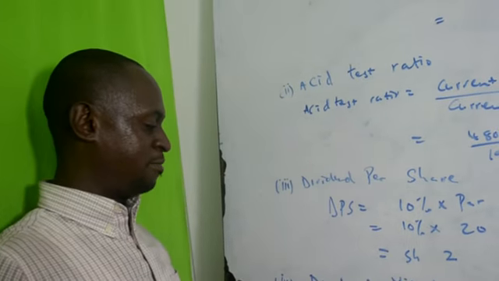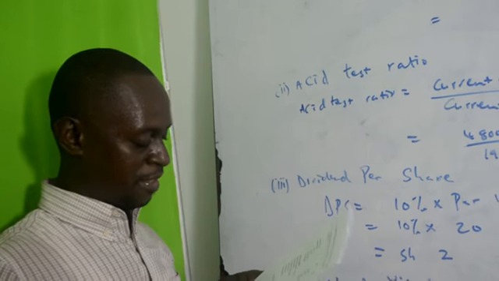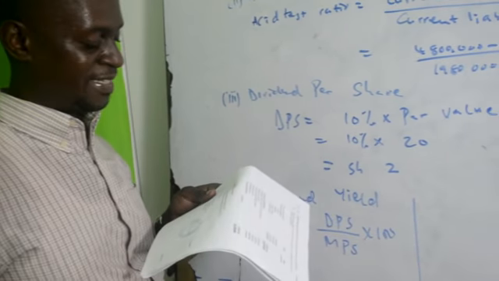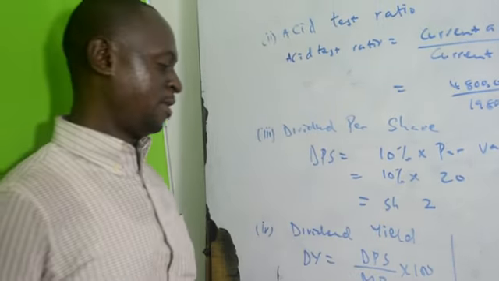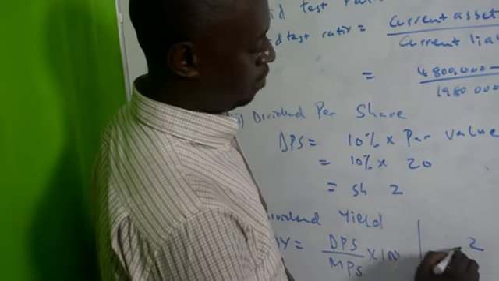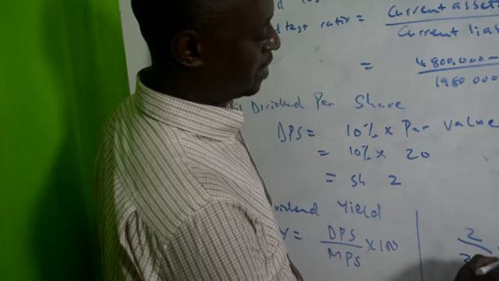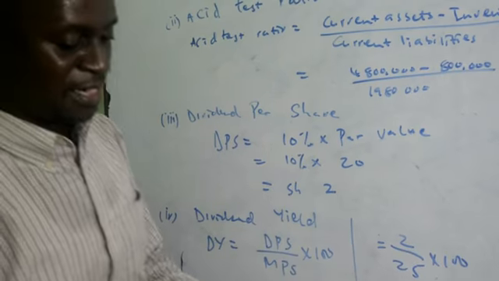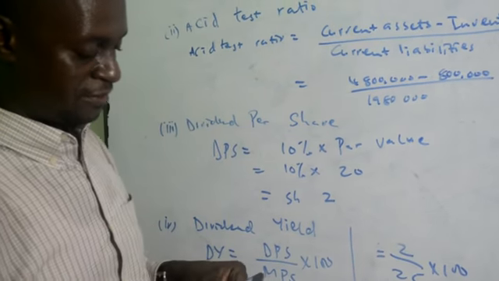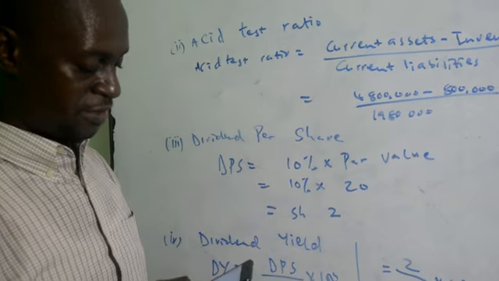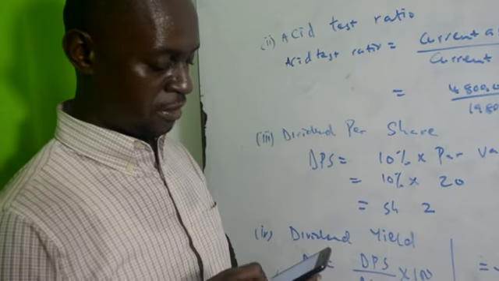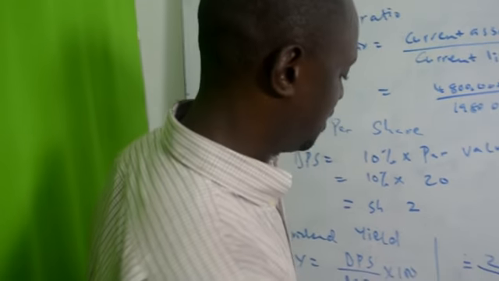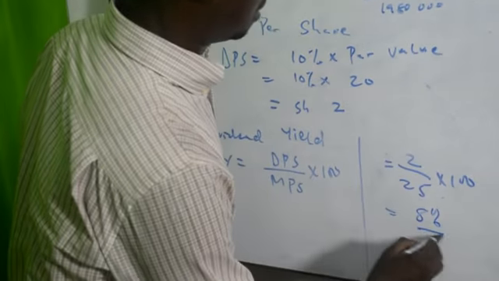In additional information number 2, we are told that the market price per ordinary share is Kenya shillings 25. So here we are going to have 2 divided by 25 times 100. That gives us 8%. So the dividend yield is 8%.